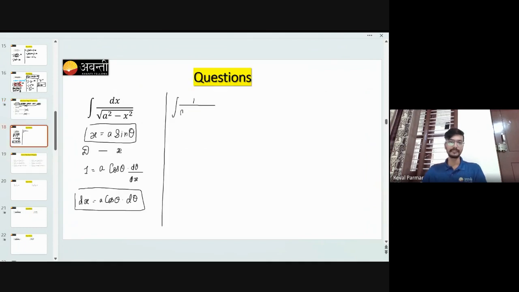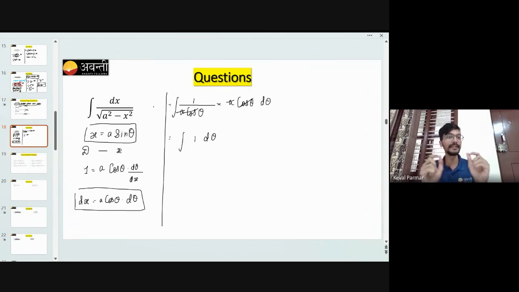So I can write it as a cos theta into, and dx is equal to a cos theta d theta. So a and cos theta get cancelled. So we are left with very simple integration of 1 d theta. So this got converted into this, if you can see. That means it becomes very simple because of trigonometric substitution.